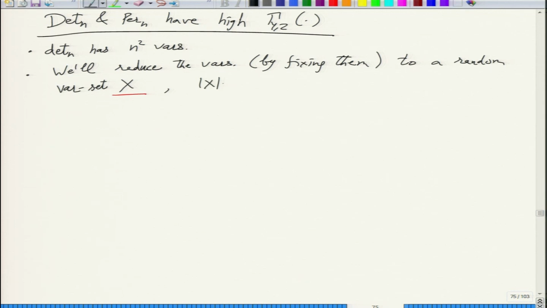So now this x will be of size 2m, which is around square root n. We'll basically set a large number of variables to 0, and we'll be left with around square root n variables out of n square. It's a big fall. And then use a random partition.